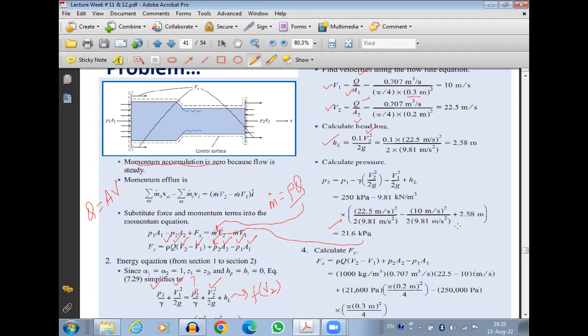And in this chapter, we were working with the energy equation, and we cannot find out F unless we know what the pressures are, and in order to find out P2, we had to use the energy equation. So the concepts of chapters number 5, 6, 7 are all used together in this question.